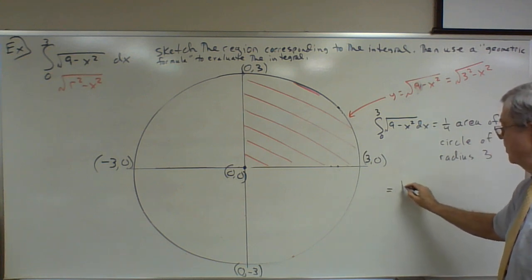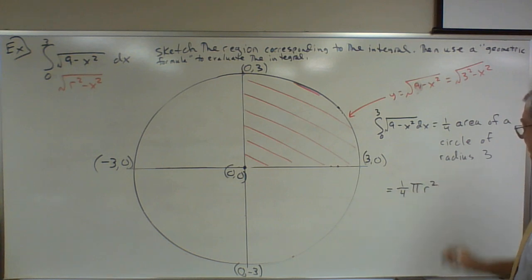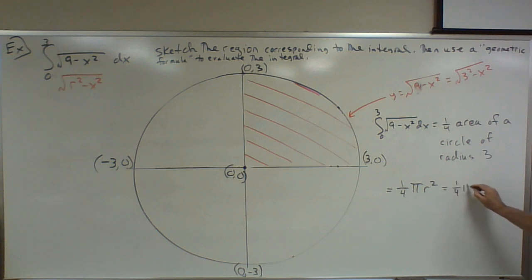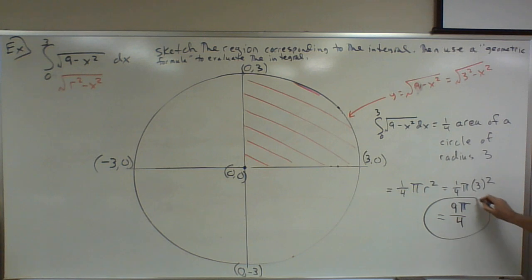And that's going to be 1/4 pi r squared, or 1/4 pi 3 squared, which equals 9 pi over 4. That's our area. That's the value of this integral.